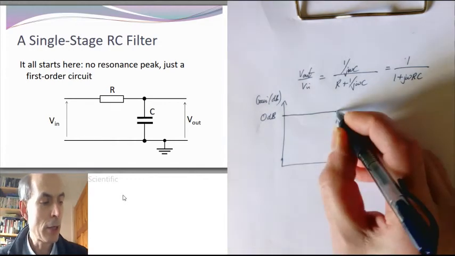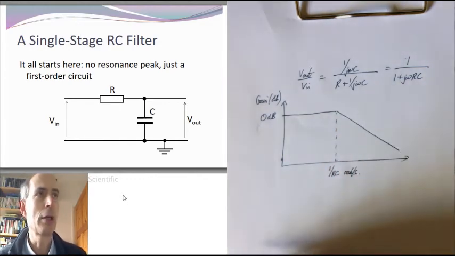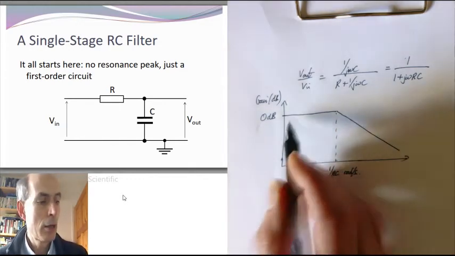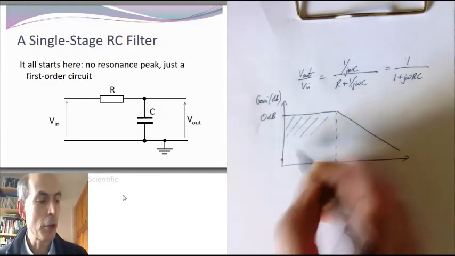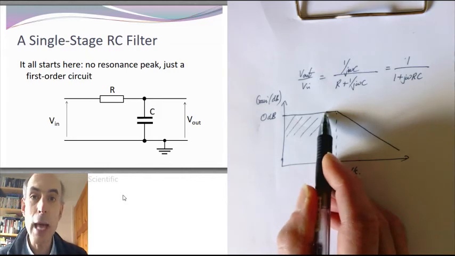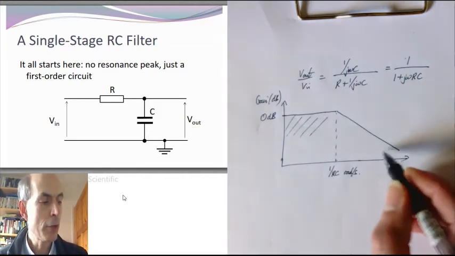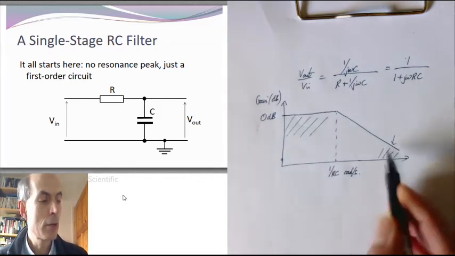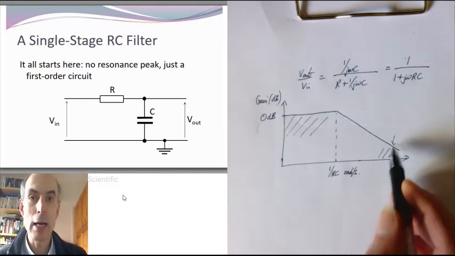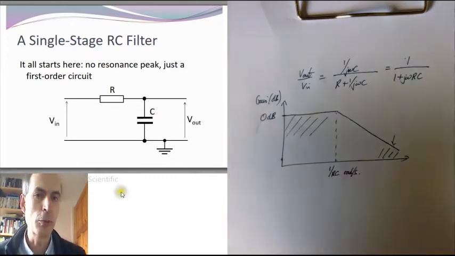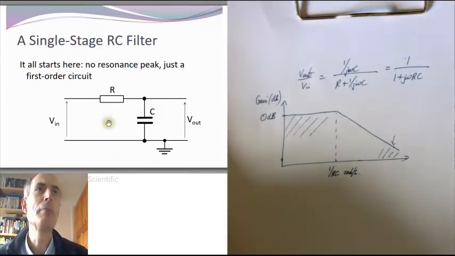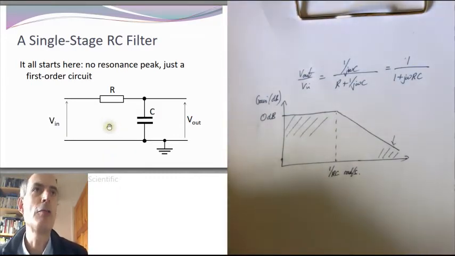And then it would head down at 20 dB per decade from there. It's known as a low-pass filter because it allows low frequencies to pass through the filter without any attenuation. But at higher frequencies here, the waveforms are attenuated as they go through the filter. It reduces the high-frequency content, in other words. Right, so that's a single-stage RC filter.